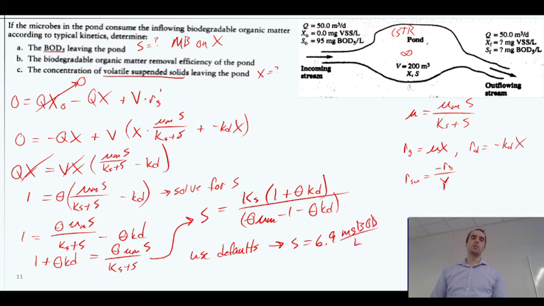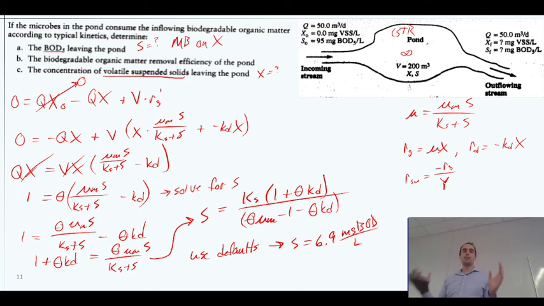So I'm going to give you this equation on your formula sheet, but keep in mind this is specifically for the pond scenario, where you have no influent X. I'm not wanting you to go through this entire process if you get a pond scenario situation.